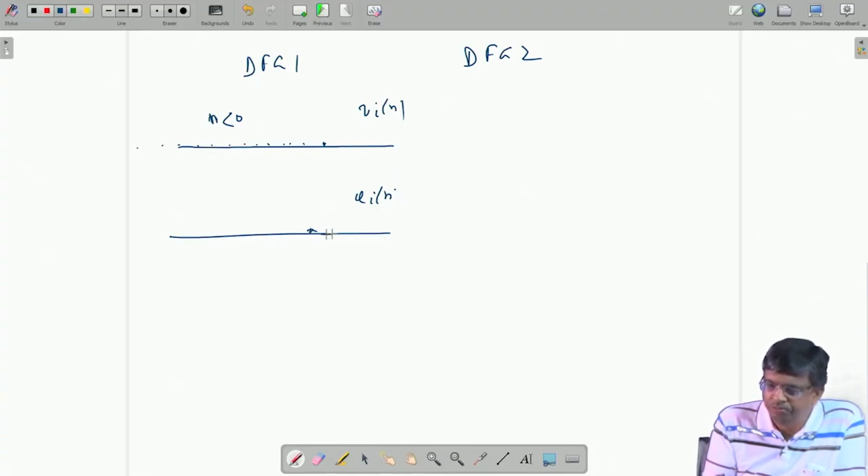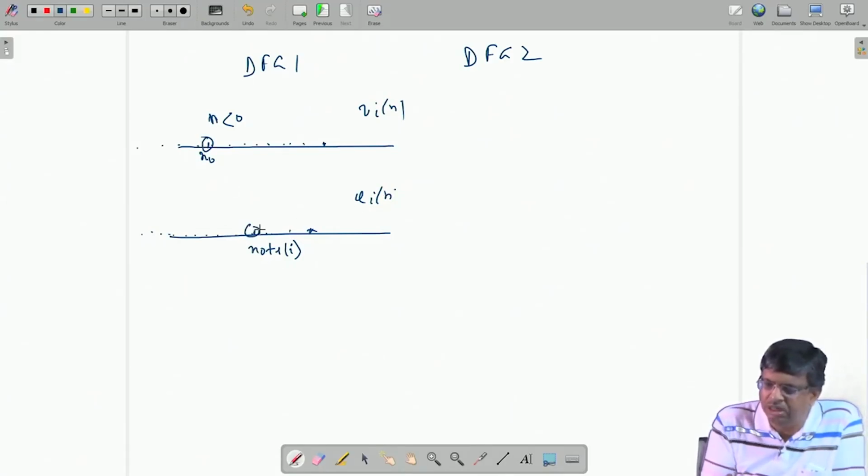Here also all the node outputs are 0. Therefore, you take an index n naught and go here n naught plus r of I. Make sure n naught is sufficiently negative, so that n naught plus r I is also to the left of origin. Here V I at this n naught is 0, U I at this n naught plus r I is 0.